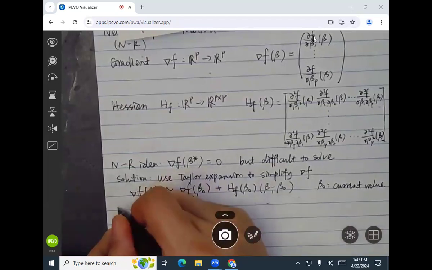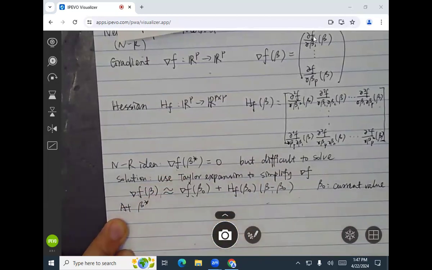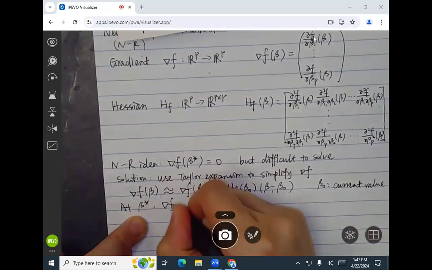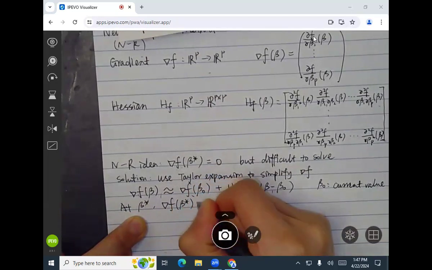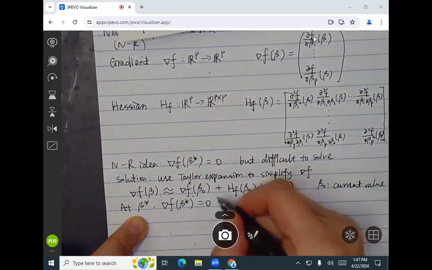So then at this ideal beta star, we know that gradient f at beta star is 0. So using this approximation, we just replace beta by beta star. So then what do we have?